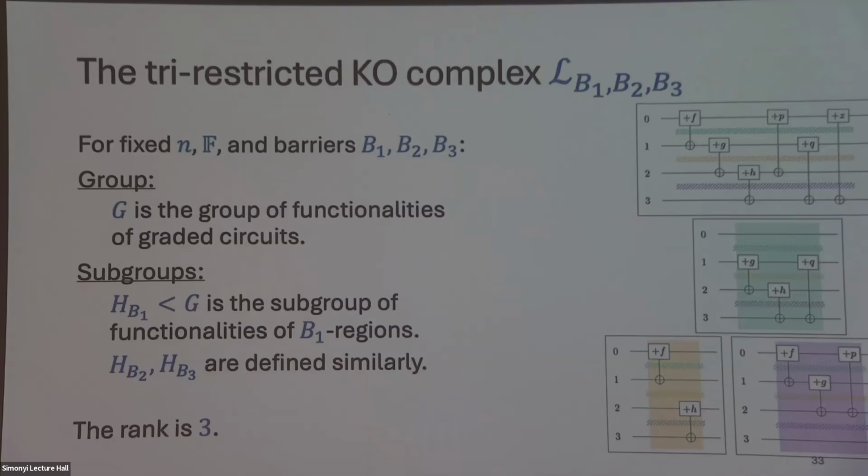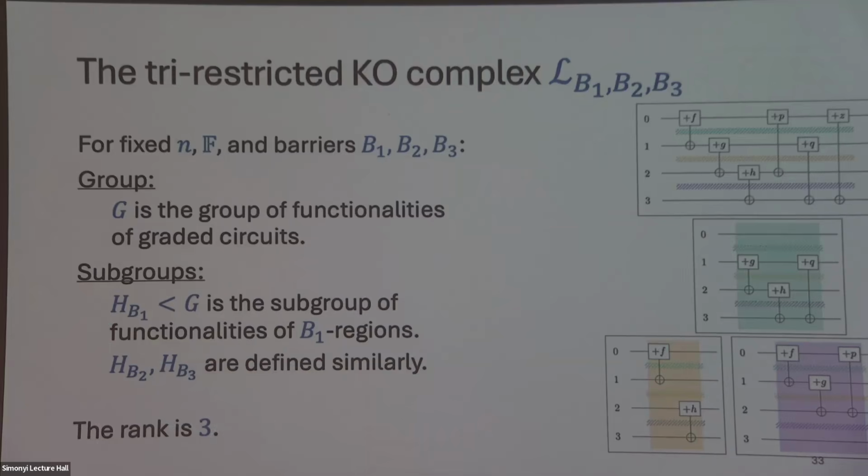And this is the entire construction. These all correspond to groups of matrices, and you look at the cosets of these matrices in the big group by the subgroups that are determined by these barriers, which correspond to zeroing out certain entries of the matrices, and then you get a complex.